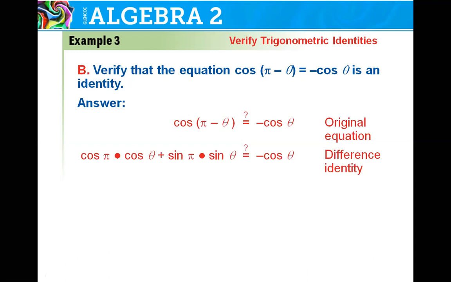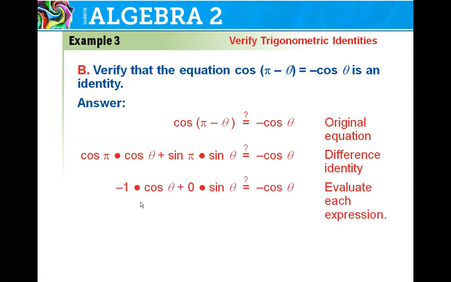So we substitute negative 1 multiplied by cosine theta plus 0 multiplied by sine theta, equal to negative cosine theta. 0 multiplied by any number, we can cancel this. So negative 1 times cosine theta equals negative cosine theta. So we get the result, and we verify the identity.